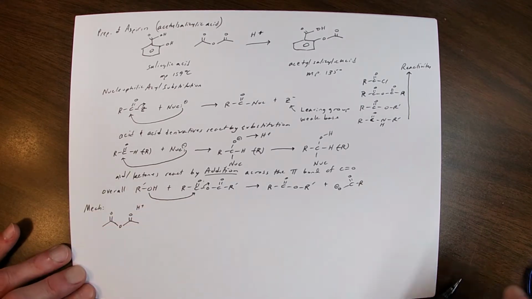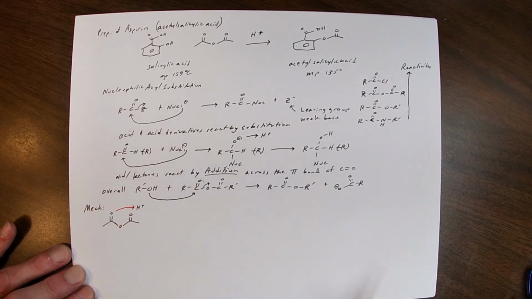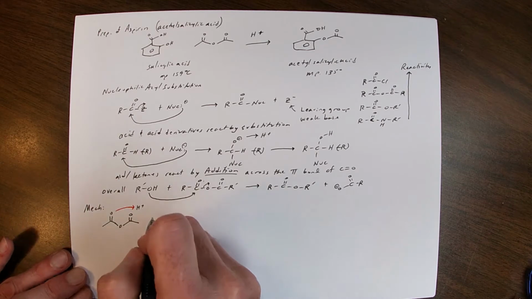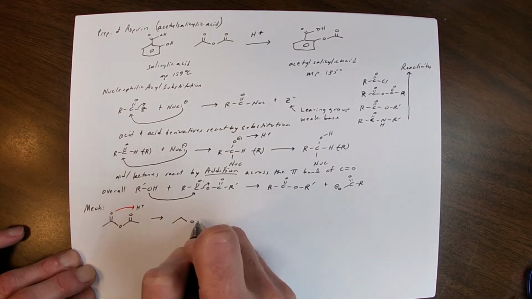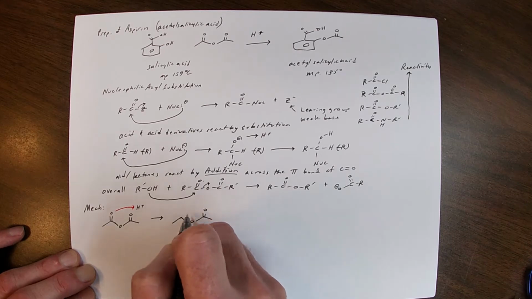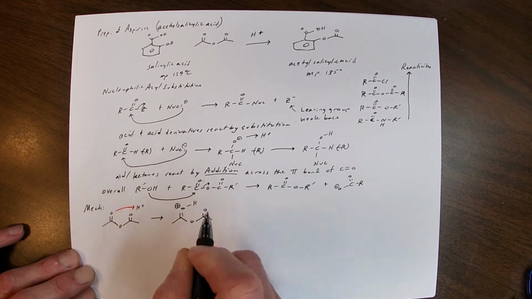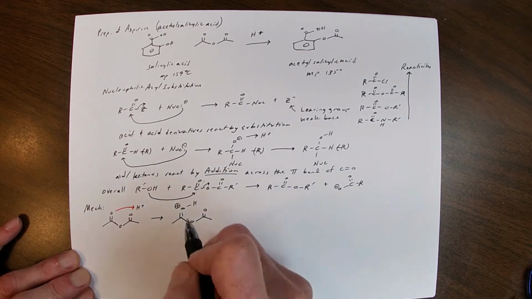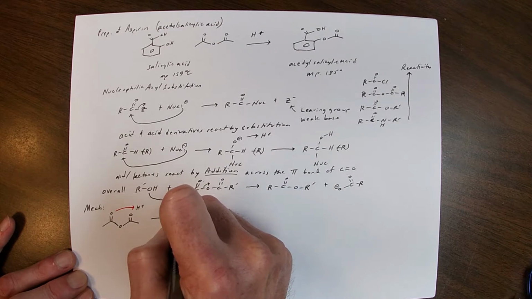And we're going to pick up that catalytic proton. And again, the whole idea is to make the carbon of the carbonyl more electrophilic. I can draw a second resonance form for this where that positive charge is delocalized to the carbon.